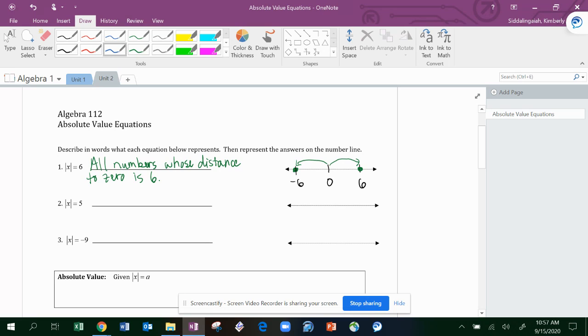So the second equation is the absolute value of x equals 5. So now we're looking for all numbers whose distance to 0 is 5 units.